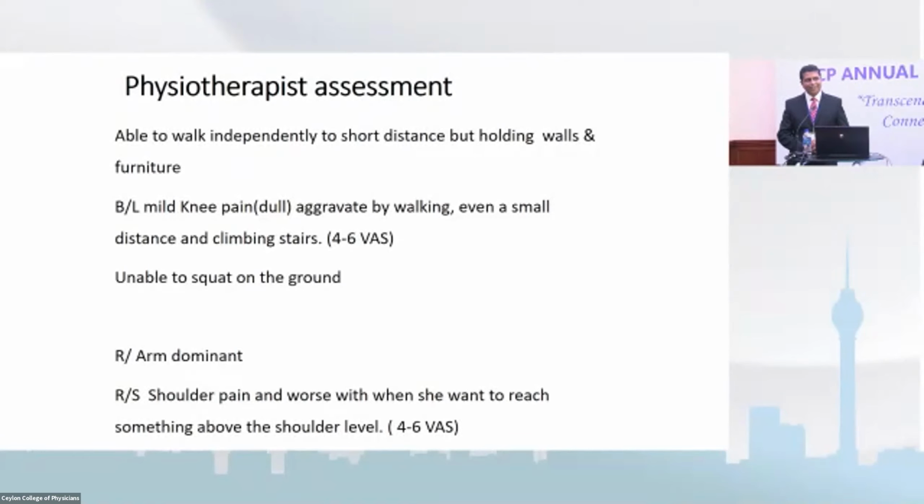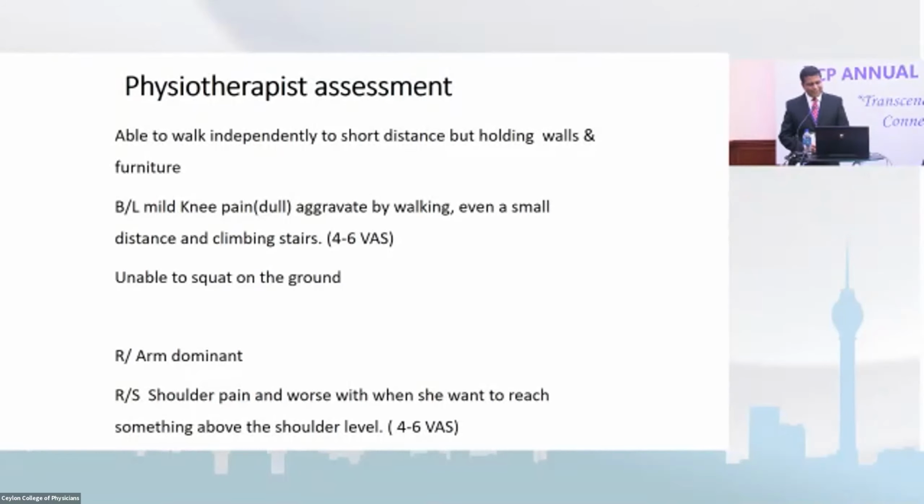I mentioned my assessment previously, so from now onwards I will give you the physiotherapist's assessment as well as the occupational therapist's assessment. Her finding was also that the patient was able to walk independently a short distance, but holding walls and furniture.